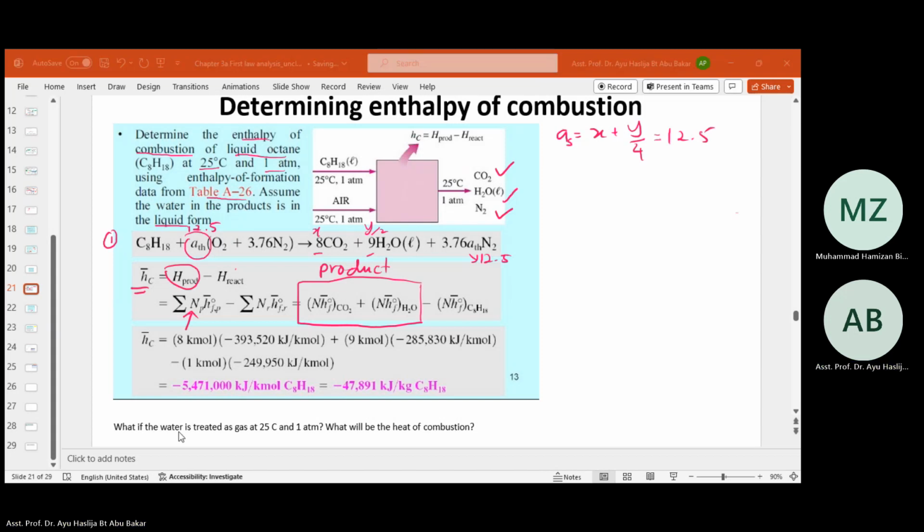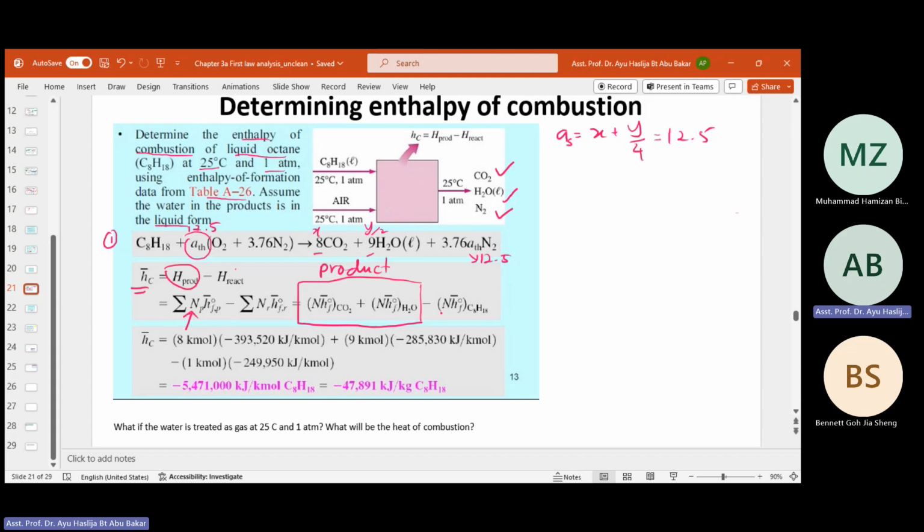N2 because kalau tengok table atas tu enthalpy of formation for nitrogen 0. Yes. HF for nitrogen 0. So that's why kita tak include the N2. Bukan tak include, meaning that dia dah 0.